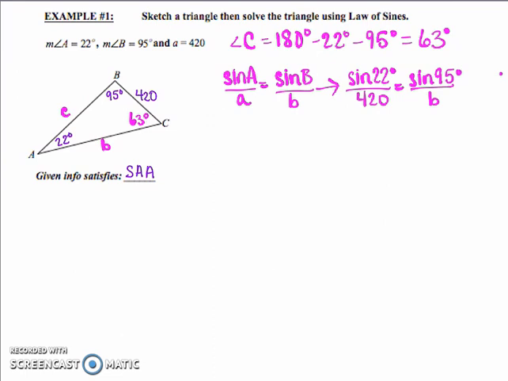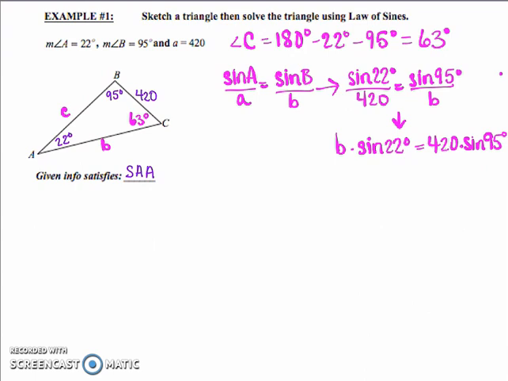We do some fancy algebra here. We're going to multiply both sides by b to get b out of the denominator, and we're also going to multiply both sides by 420 to get 420 out of the denominator. So our first step turns this equation into b times sine of 22 degrees equals 420 times sine of 95 degrees.